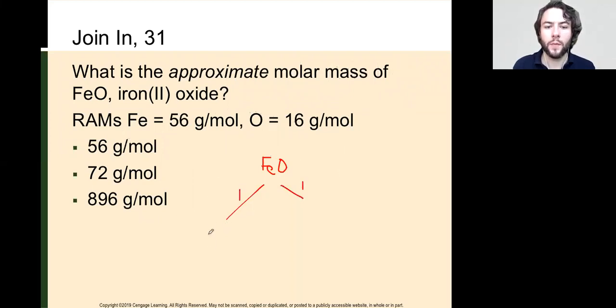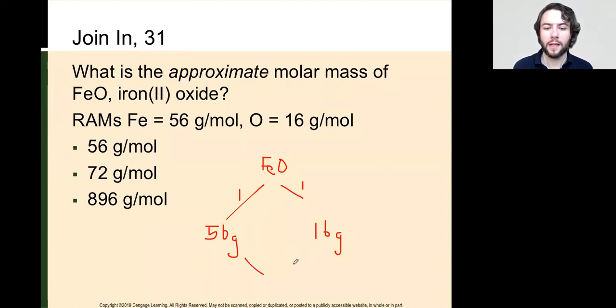So then we have 56 and 16. For every 1 mole of oxygen, we have 16 grams of oxygen. And for every 1 mole of iron, we have 56 grams of iron.